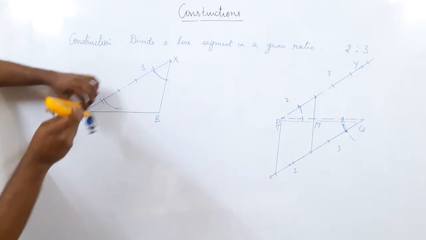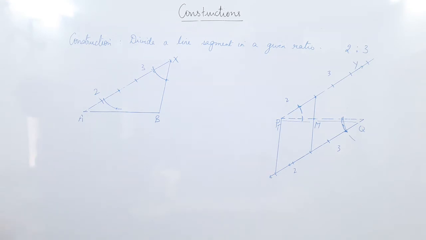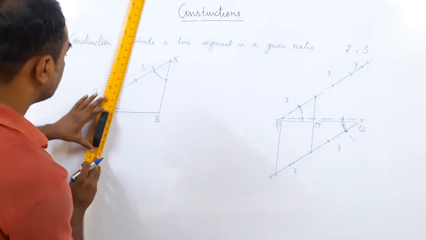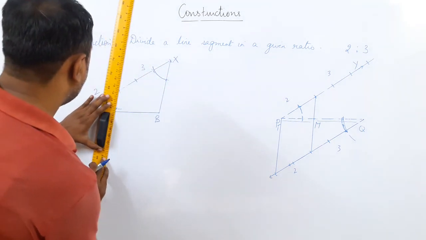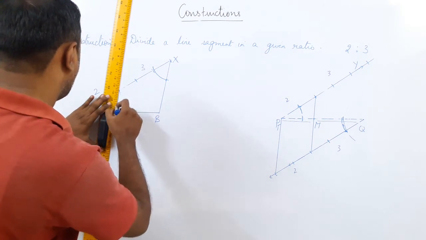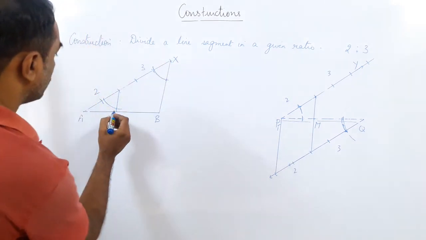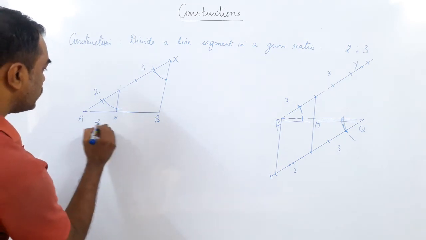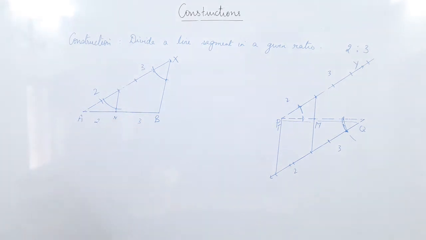So now I've got this point and these 2 points. Once I join these 2 points, I get the line parallel to this. So this point N divides AB in the ratio 2:3.